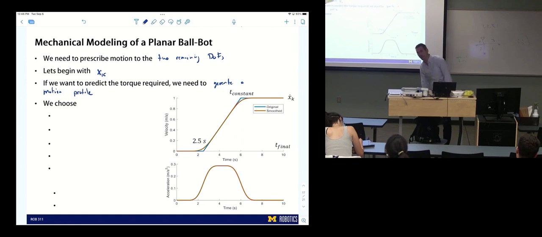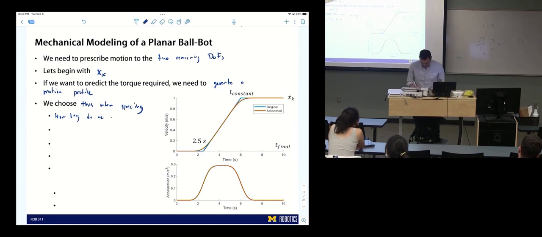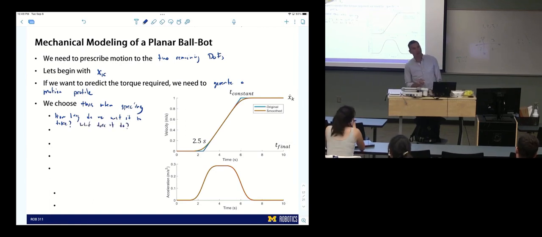Who picks this motion profile? We choose this. When speccing, we're making a decision here by selecting a motion profile. How long do we want it to take? What does it do? In this motion profile, I've created a velocity trajectory.